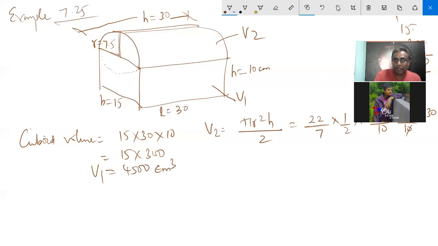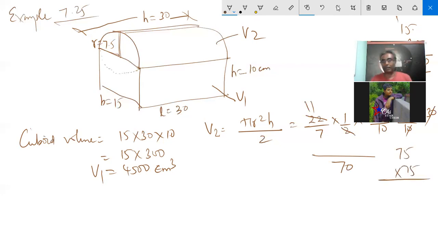You cancel this, this also becomes cancelled. So the bottom becomes 70, top becomes 75 into 75 into 11 into 3, so 75 into 75 into 33.